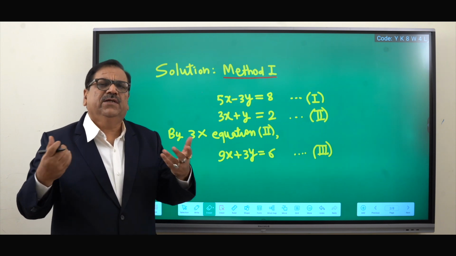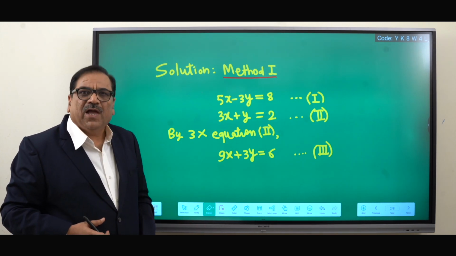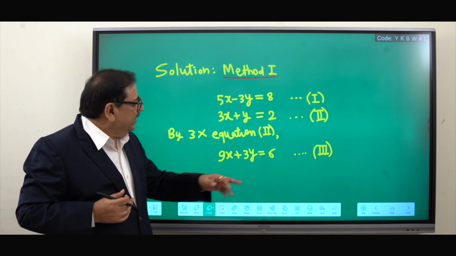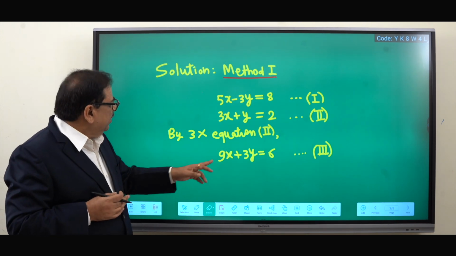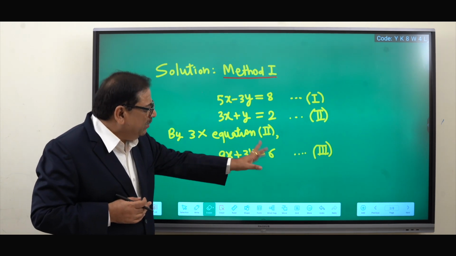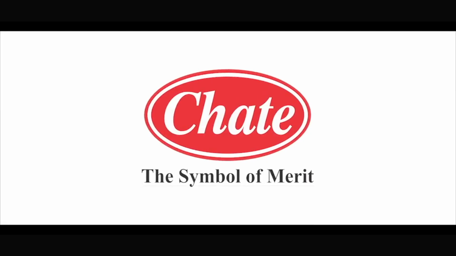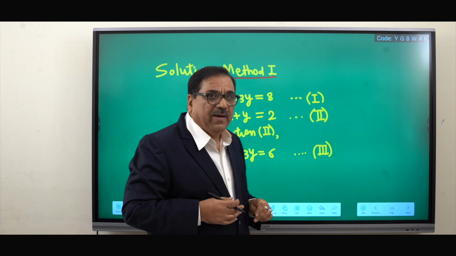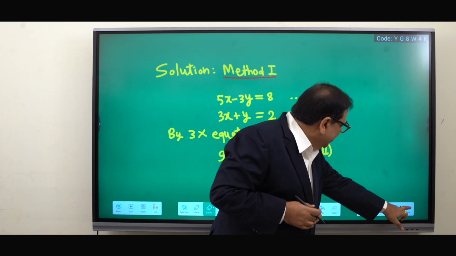So one more equation is formed and we give a new title to that equation, equation 3. What is the equation? 9x plus 3y is equal to 6. So we have got the third equation by multiplying both sides of equation 2 by 3.